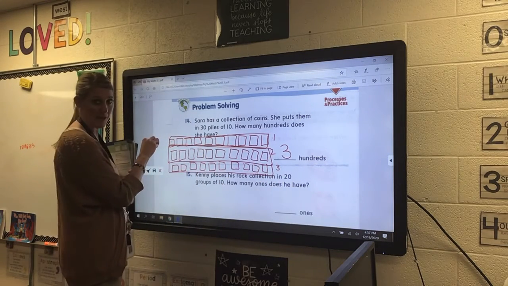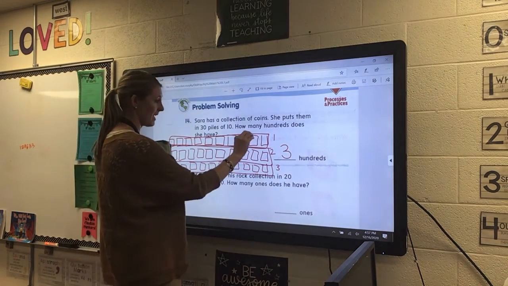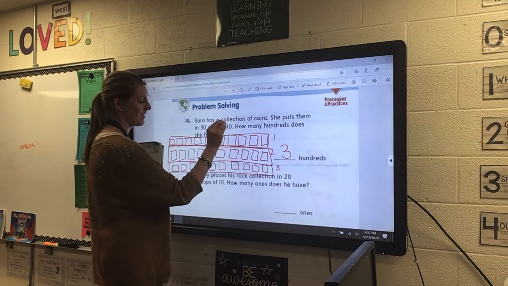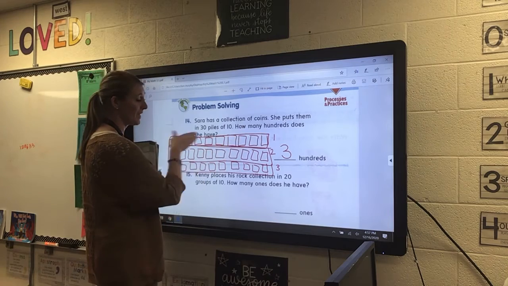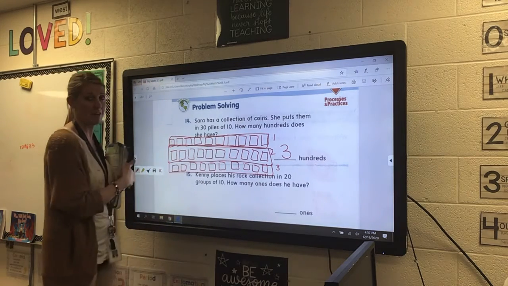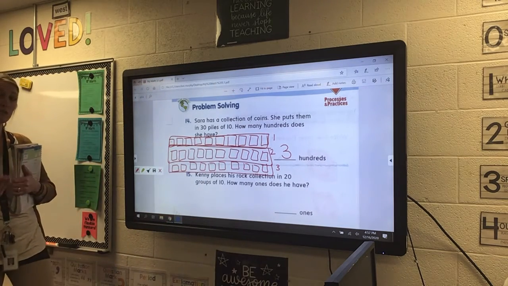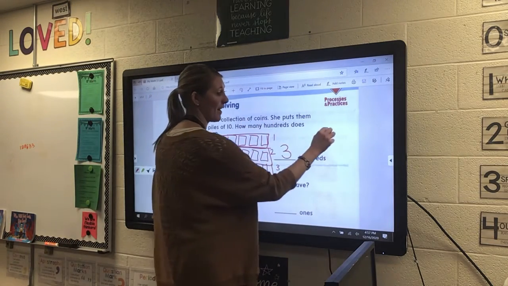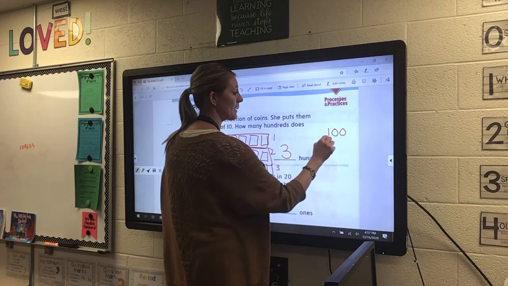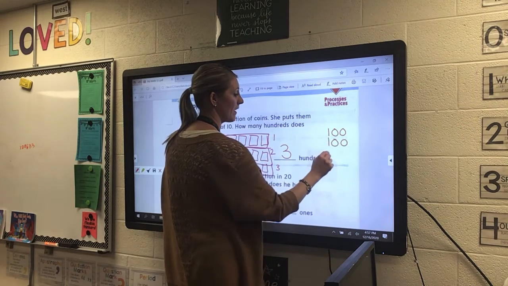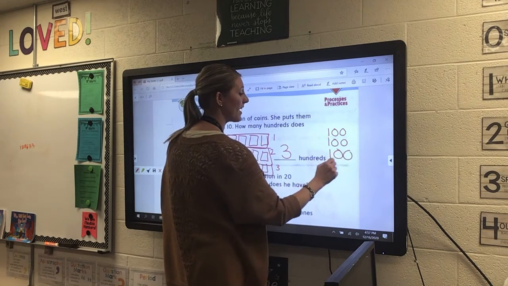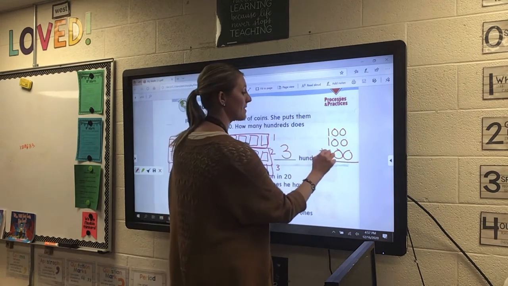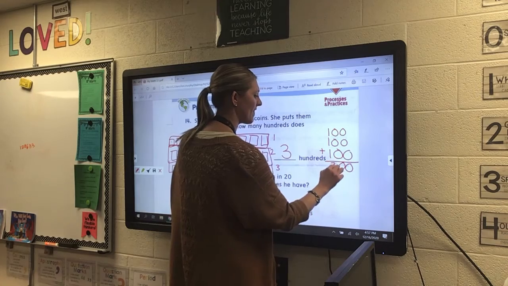So I got 10 in each pile, and I got 10 piles of 10, 10 piles of 10, 10 piles of 10, and that's 100, 200, and 300. So you could draw it out. Mrs. Murphy could have also thought of, well, 10 piles is 100. Another 10 piles is another 100, that's 200. And another 10 piles is another 100, so that is 300. So you could have thought of it that way.